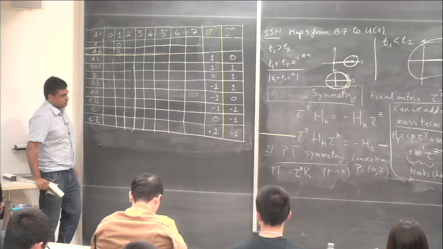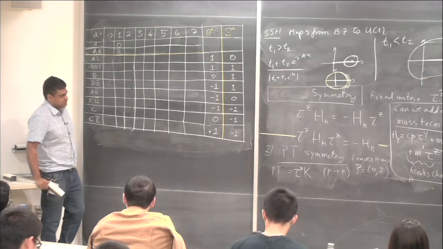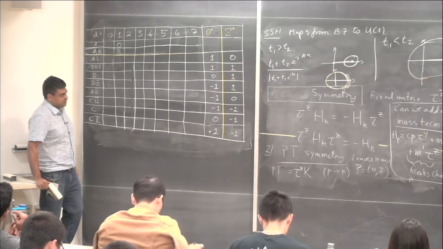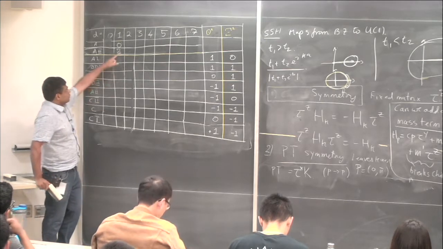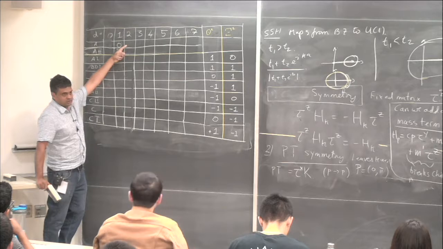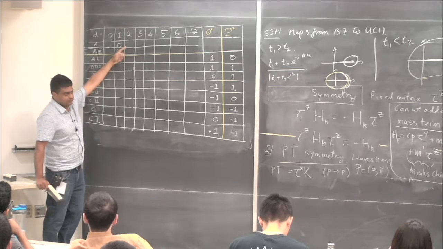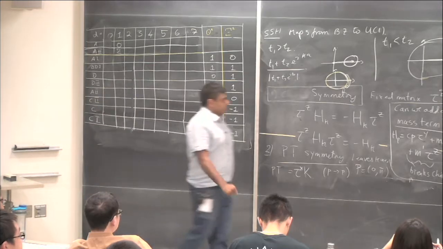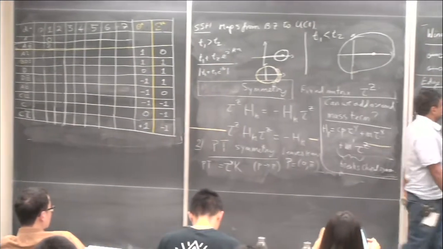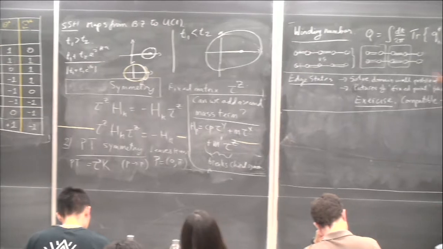Everything can be smoothly deformed into everything else. All insulators in one dimension are essentially identical in the absence of symmetry. Okay, but what about the other dimensions? For example, what about 2 dimensions? Okay, and so let's look at that. But before we do that, let me actually finish this story about this class A3.